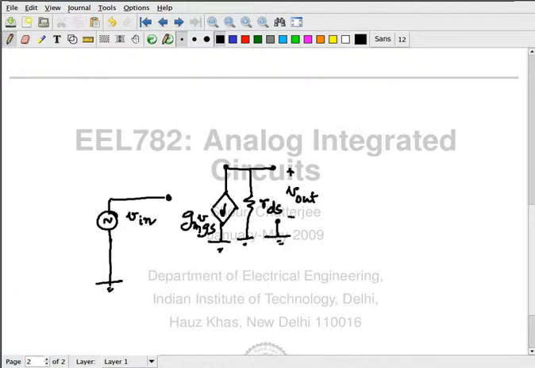Okay, the value of the control current source is gm times Vgs, and Vgs in this case is equal to Vin. So you can forget about everything else, and in that case the voltage at the output is going to be how much?